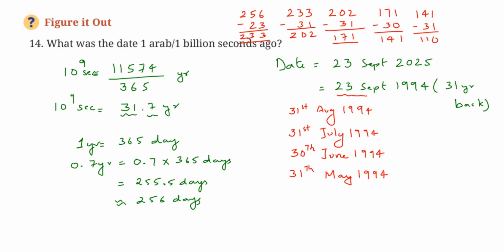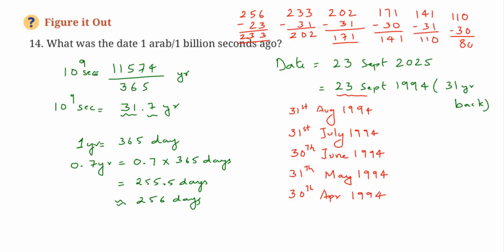Now we still have 110, and when I remove 31 days from May, I get the end of April. In April there are 30 days, so I get 30th April and the year will be 1994. So let's subtract 30 from the remaining 110 days. We get 80 days. So we get the end of March.